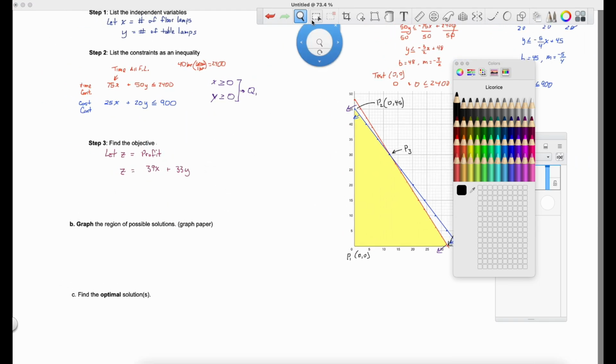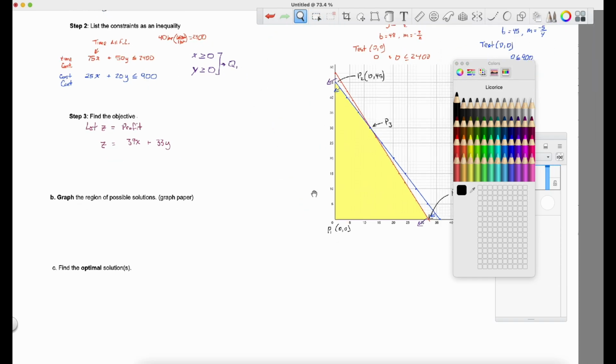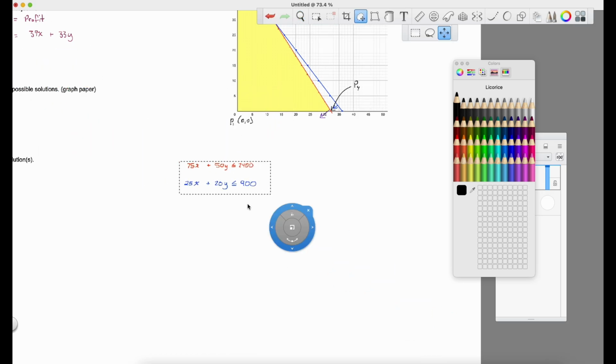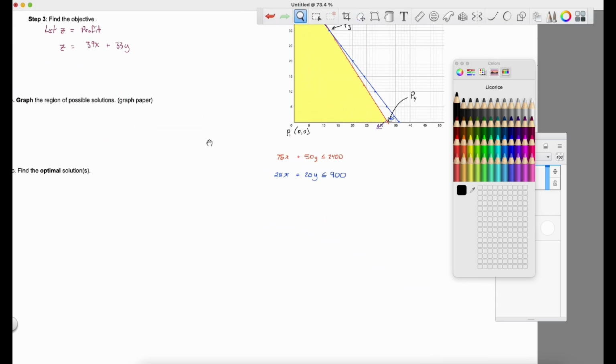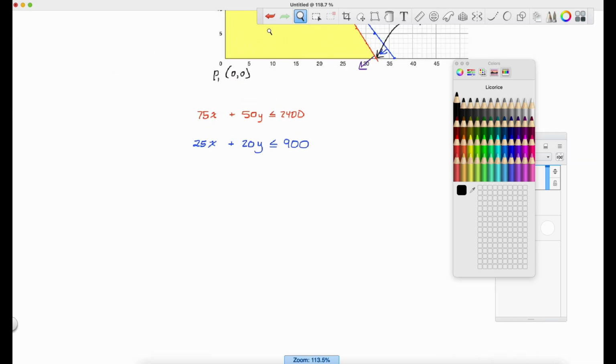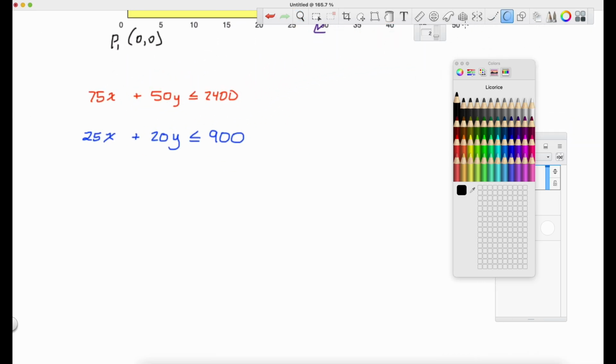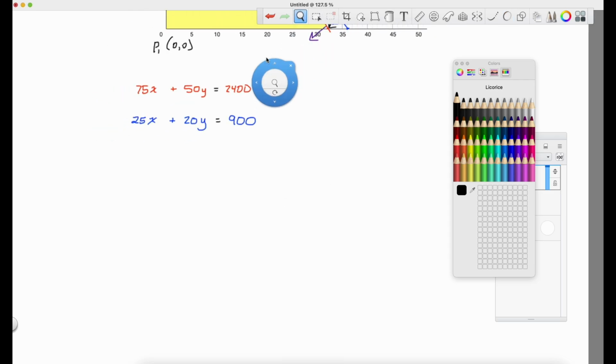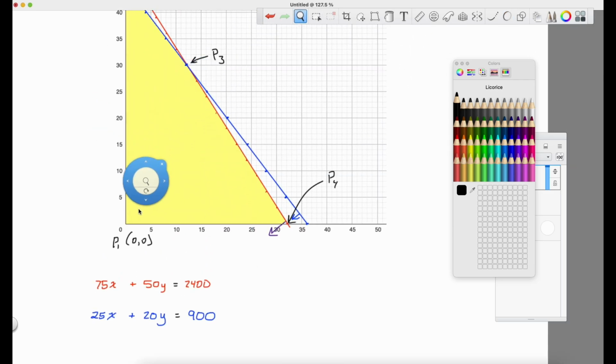So I'm going to take these two equations and copy them down here. And instead of making these inequalities, I'm going to make them equal so that we can solve the system. It's basically saying, where do these two lines intersect? They intersect there. We know there's a solution.